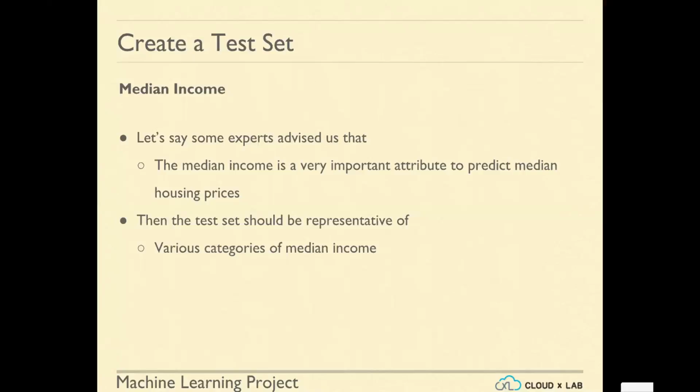So we figured out that the median income seems to be important, and the test set we pick should represent the various categories from all economic classes, right?